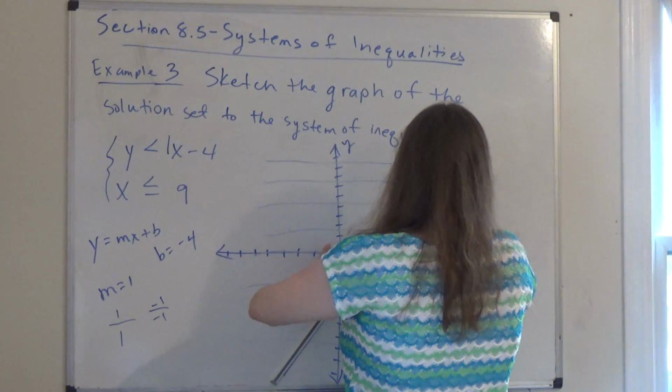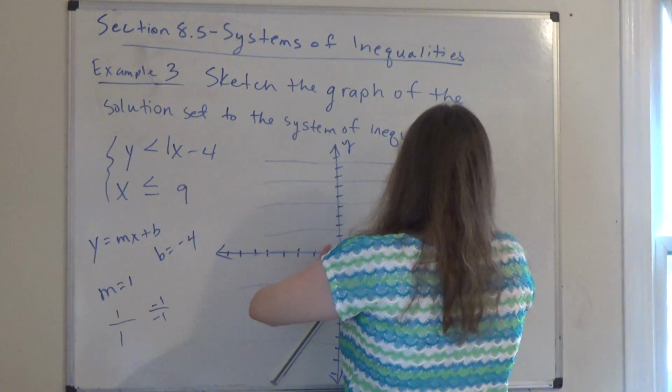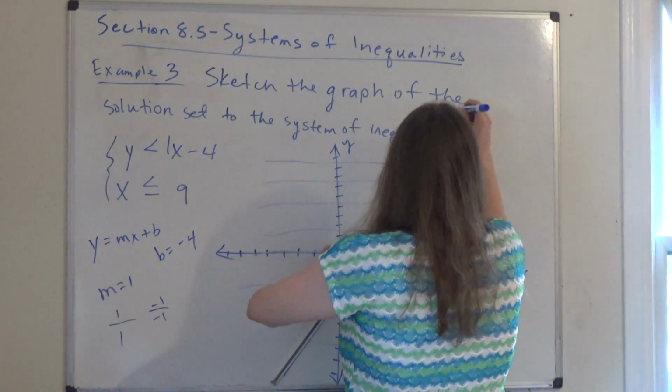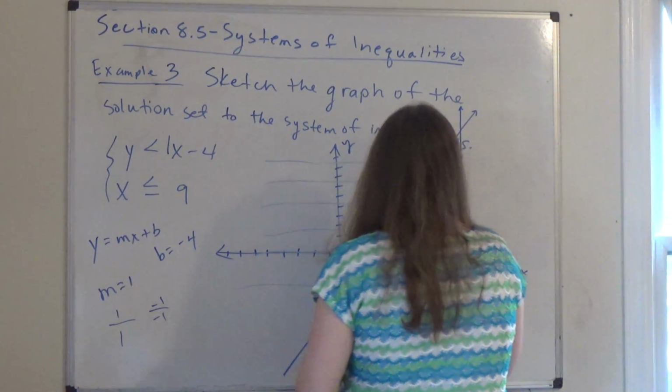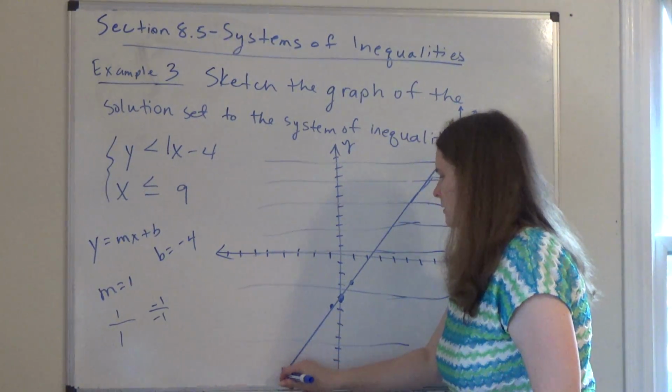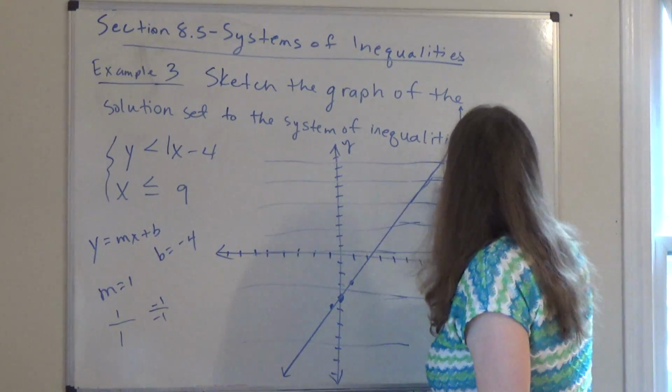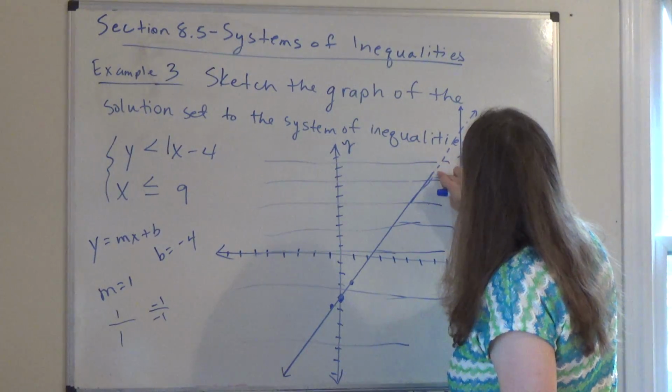You need to draw your line long enough so that it will intersect the line that you drew earlier. So I have to extend mine out a little bit to get them to touch. And I need to go back and make this a dotted line because it was not equals. Strictly less than.